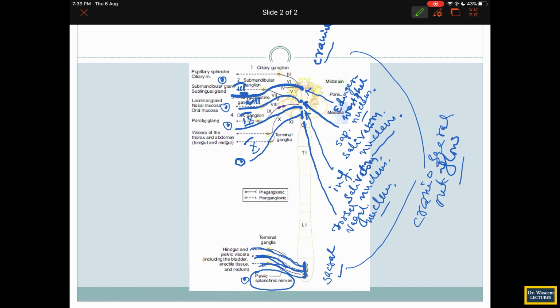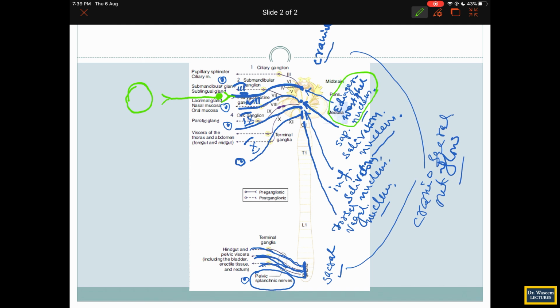Close to the eyeball, in the orbit, there is a ganglion, the ganglion into which the Edinger-Westphal preganglionic fibers should relay.